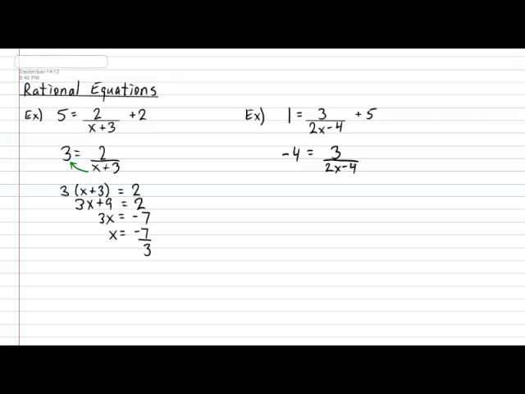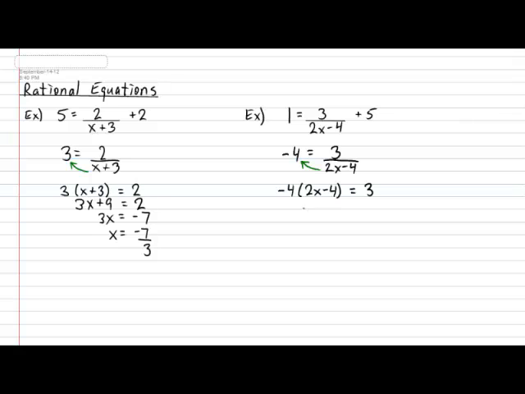Next, with the fraction isolated, we have to make sure that the expression containing the x goes from the denominator position back into the numerator position. To accomplish this, cross multiplying with the item on the other side of the equal sign is the way to go. So that will produce for us negative 4 multiplied by 2x minus 4 is equal to 3.